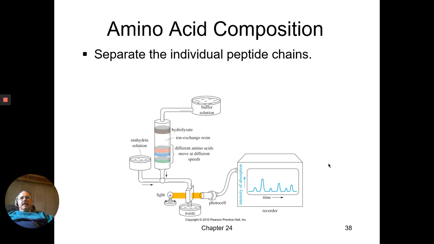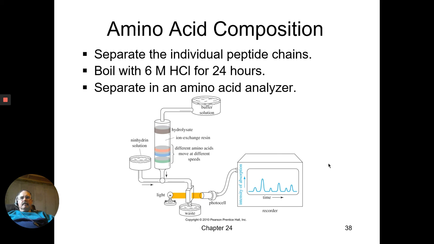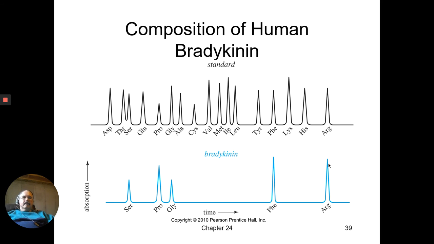Okay, so we separate the individual peptide chains, and then boiling with 6 molar HCl is going to break pretty much all of the peptide bonds. And so this separates it into individual amino acids.